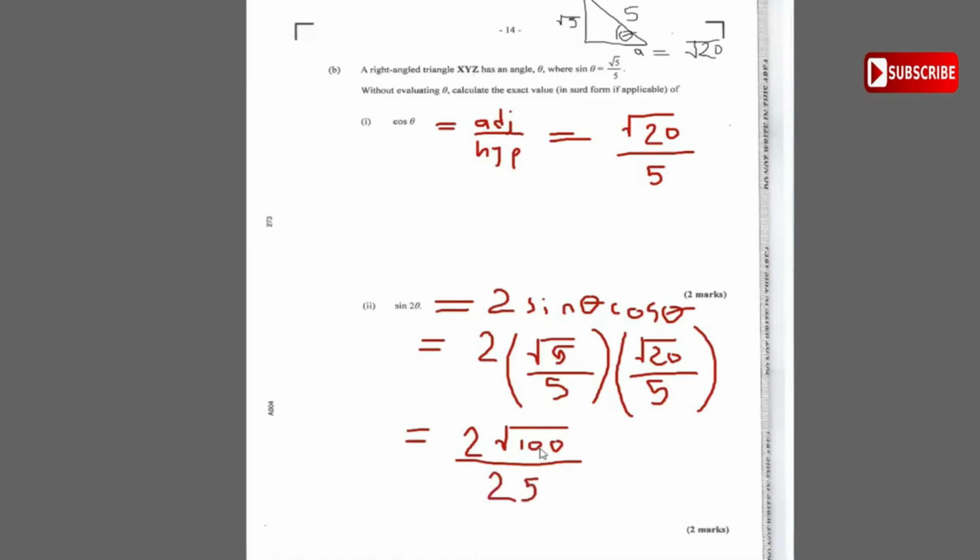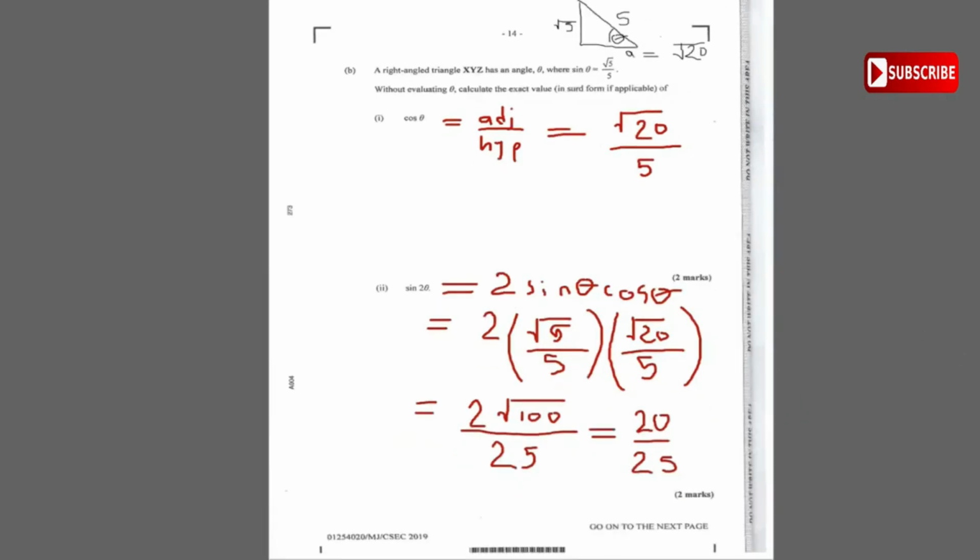The square root of 100 is 10, and 10 times 2 is 20. So I can leave it as 20 over 25. I don't want to simplify any more. That's that.